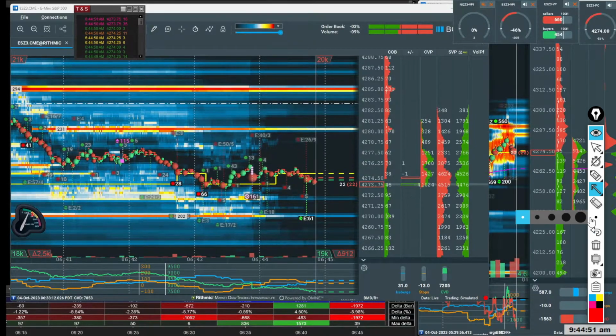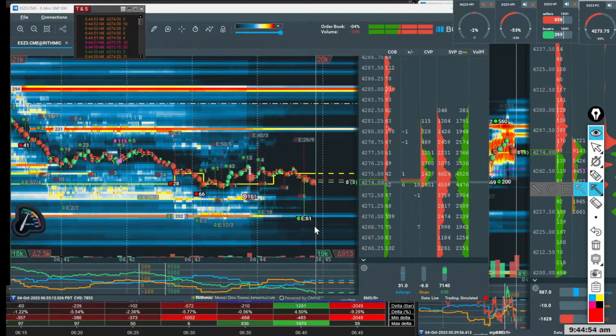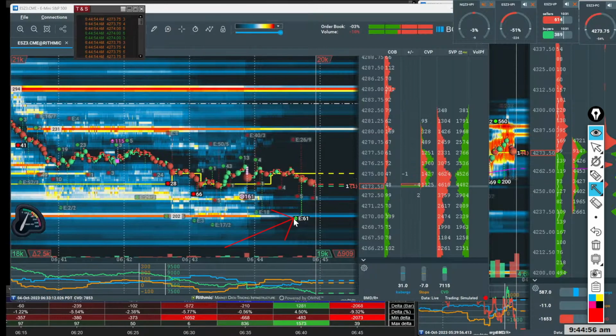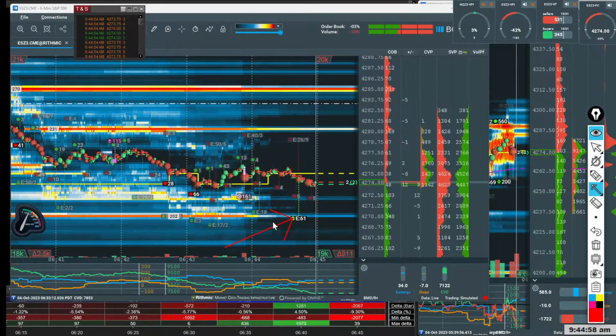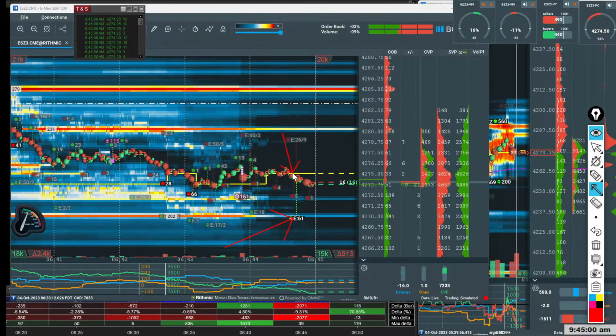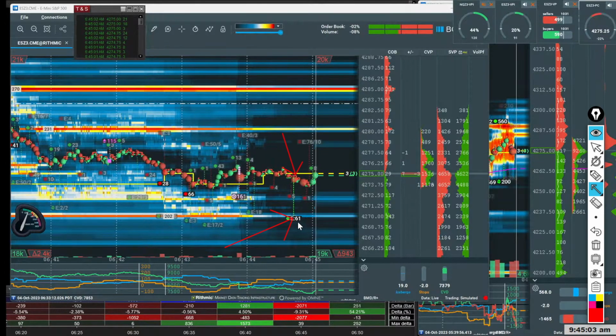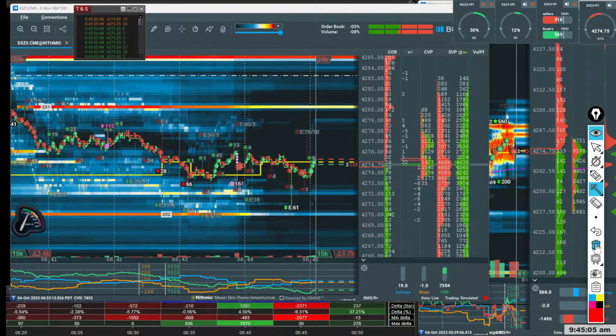And this was an iceberg order right here. You see that right there? That was an iceberg order, so it's looking like it was an iceberg seller. That was a hidden order that executed right there.